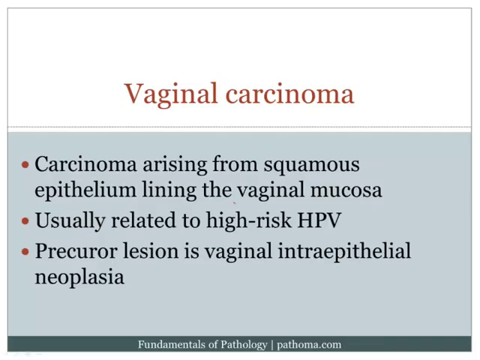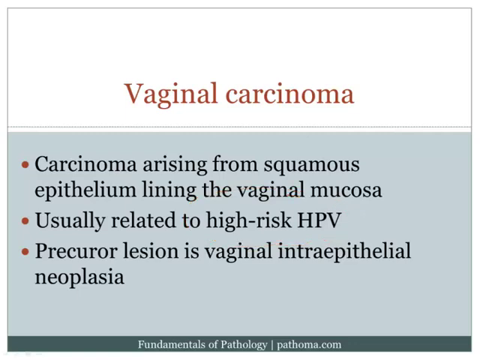The final disorder that we're going to talk about is vaginal carcinoma. Vaginal carcinoma is a carcinoma that arises from the squamous epithelium that lines the vaginal mucosa. I've already told you that the entire vaginal mucosa is lined by squamous epithelium. This tumor is classically related to high-risk HPV, so you're thinking about HPV 16, 18, 31, and 33.